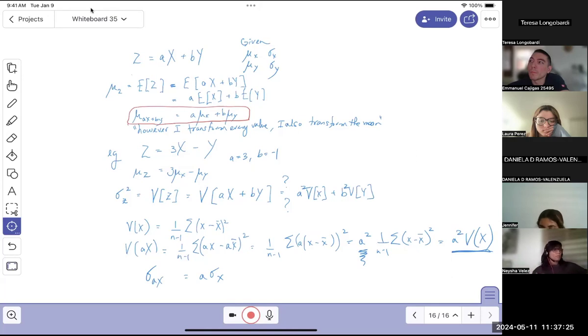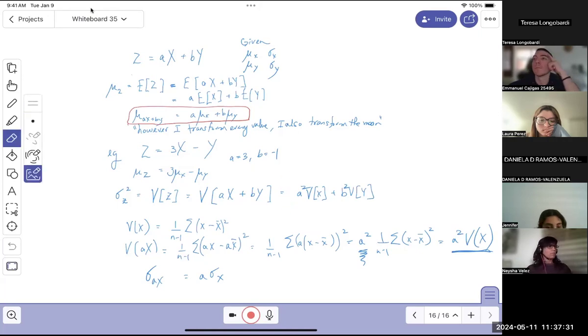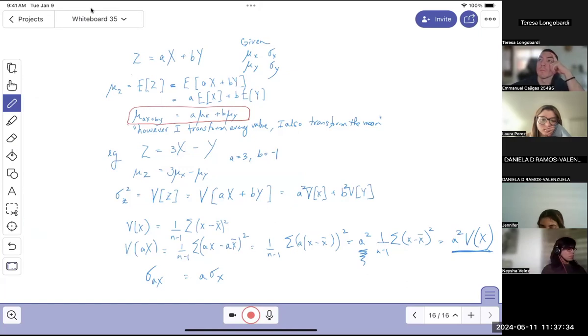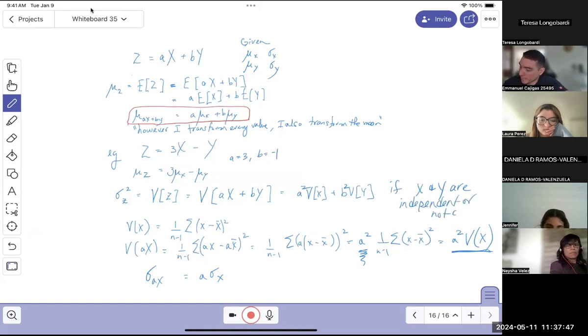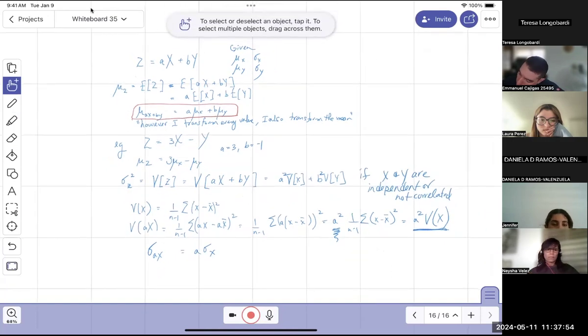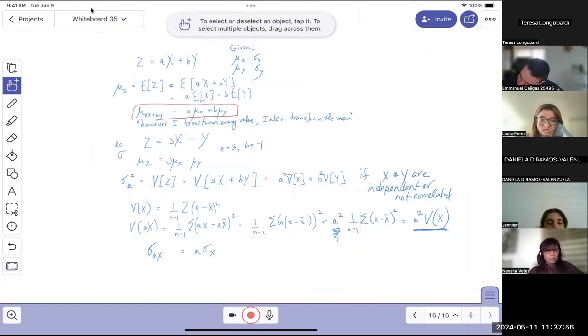They might be related. So this formula here that I wrote only applies if X and Y are independent or not correlated in any way. If they are dependent or correlated, there's a different formula.